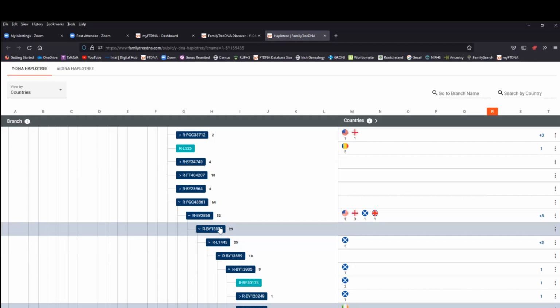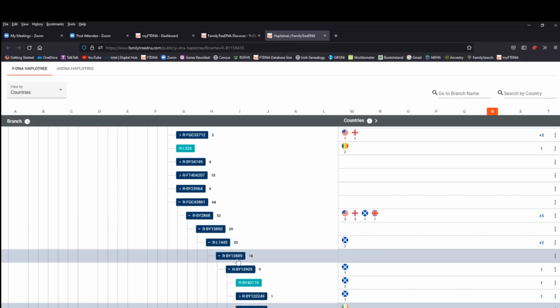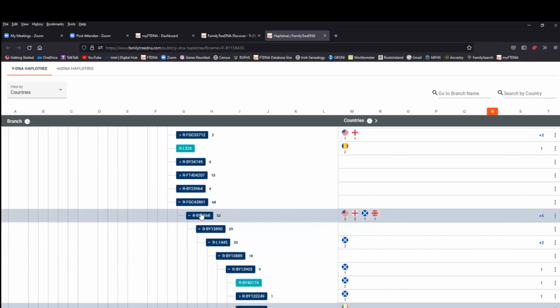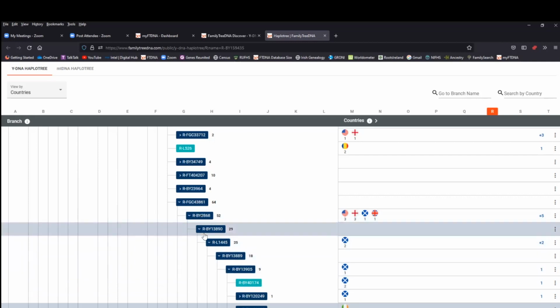And then some of the people inherit my particular mutation down through a particular child of that family, and others will come down through a different child of that family. So if you think of it as a big family tree, the person at the top has maybe got this haplogroup and that's their name, and then all of these ones down below are their children, their grandchildren, their great-grandchildren. And that's how you understand that.